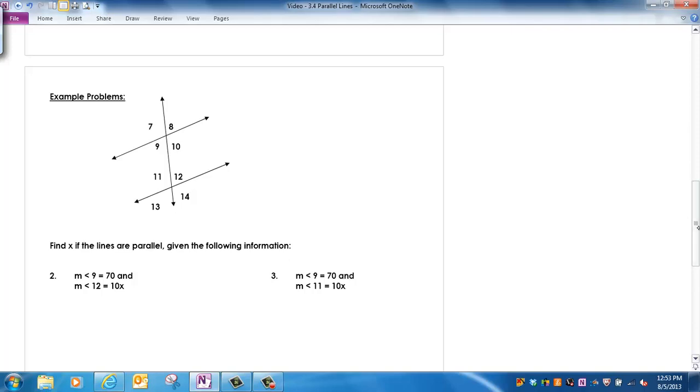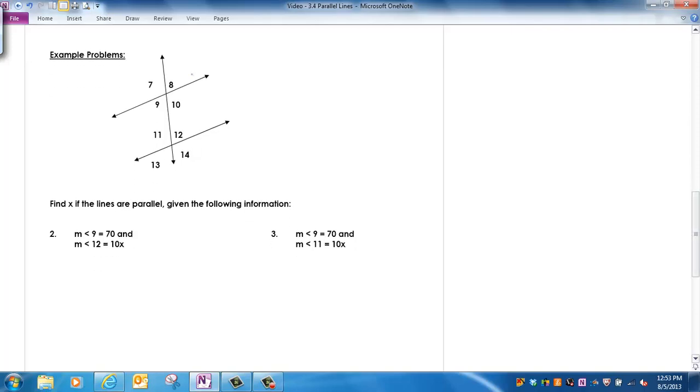So if we take a look at our picture, we have, again, parallel lines. We have to either be told that with the arrows or the words for our directions. We never want to assume that they're parallel. Okay, now we look at 9 and 12. Does anybody remember what pair those are? That's right, alternate interior.